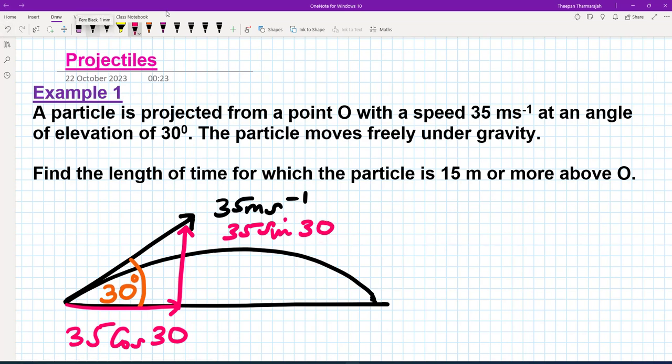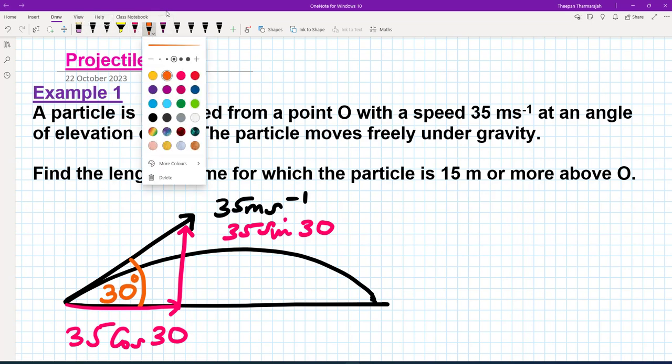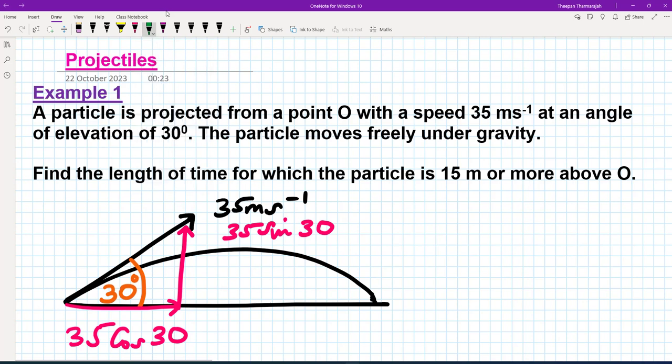So what the question is stating is that there's a point, say at 15 meters, if we were to draw that here, where the particle at some point is 15 meters above the plane. So if I draw a dotted line here, we're interested in this point. But we notice that the particle reaches 15 meters at two particular points.